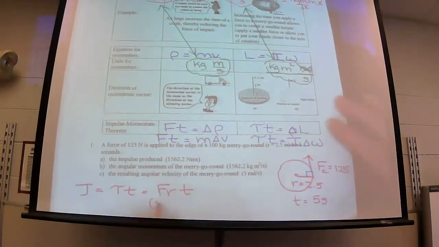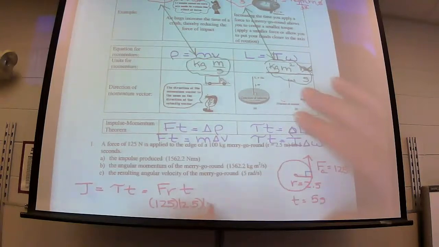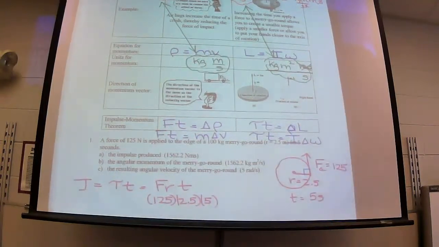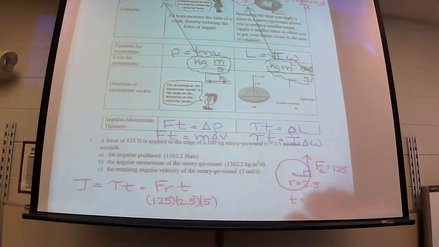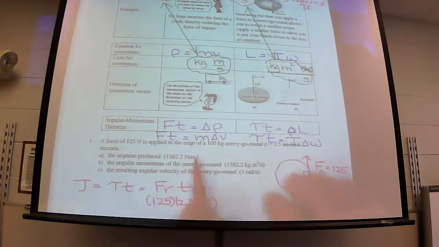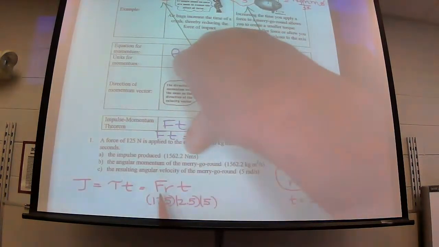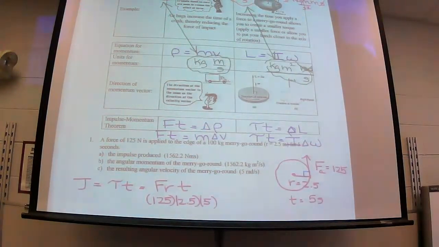So 125 times 2.5. And I did it for 5 seconds. And look how I left my units. Newton meters per second. Because torque has newtons and meters, and then there's seconds. So you can write it that way. You don't have to break it down.